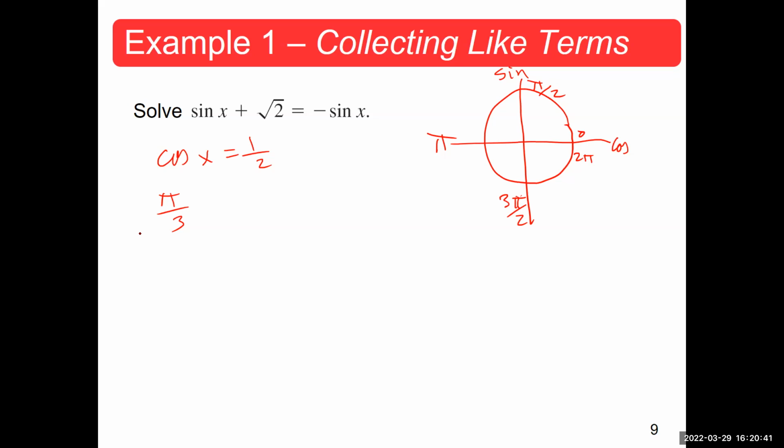Okay, pi over 3, basically it's 60 degrees. What is pi over 3? It's kind of like this much. This is pi over 3. Well, this point on the circle, the projection on horizontal, the value is half. That's the cosine.